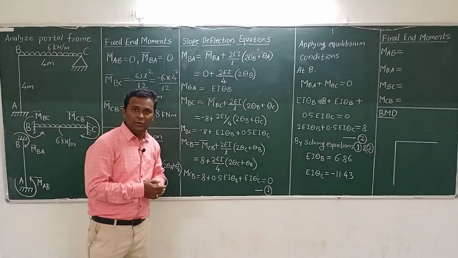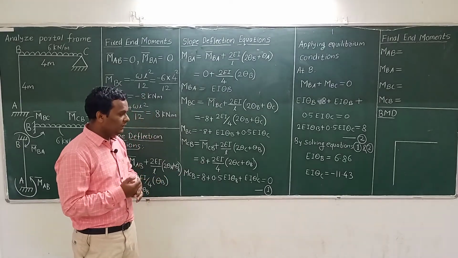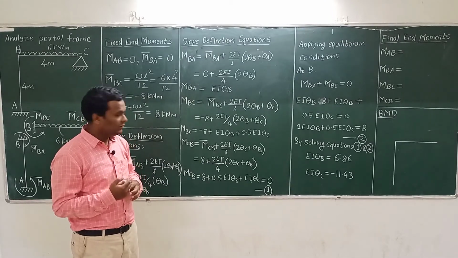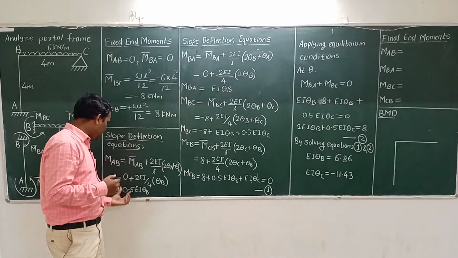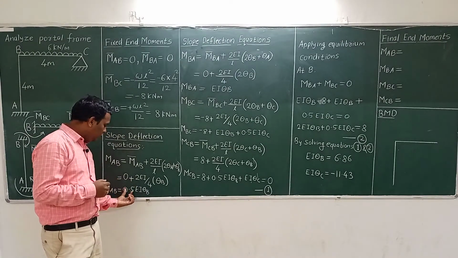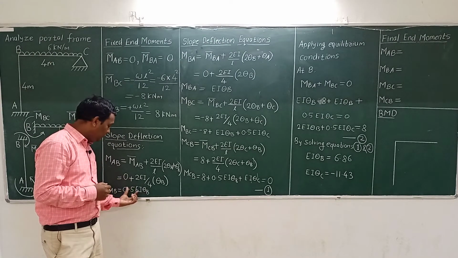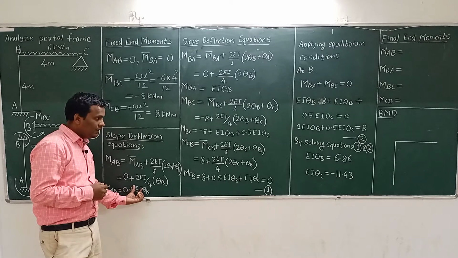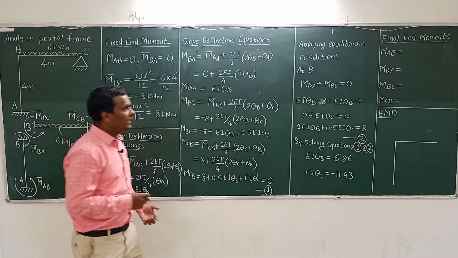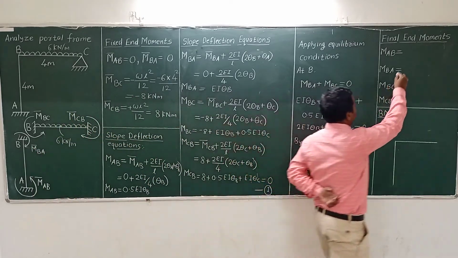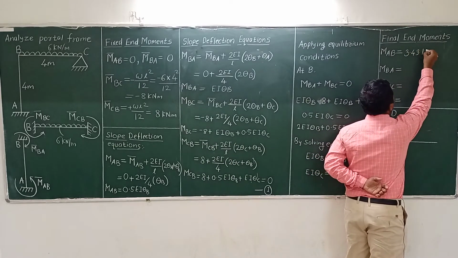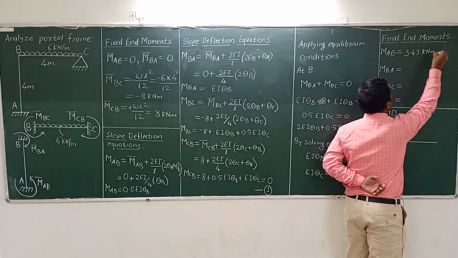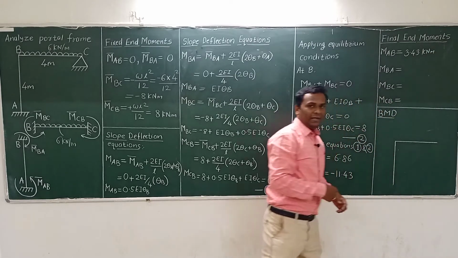Simply we have to put the values of EI theta B and EI theta C in the respective equations. So let us go for the first one, that is MAB. MAB is equal to 0.5 into EI theta B. When you multiply 0.5 into 6.86, we will get MAB as 3.43 kilonewton meter. So we will get a plus sign.